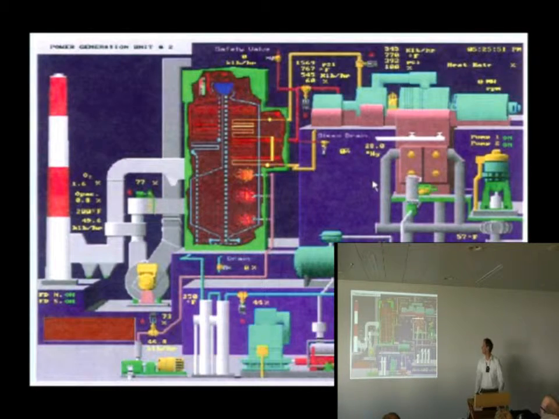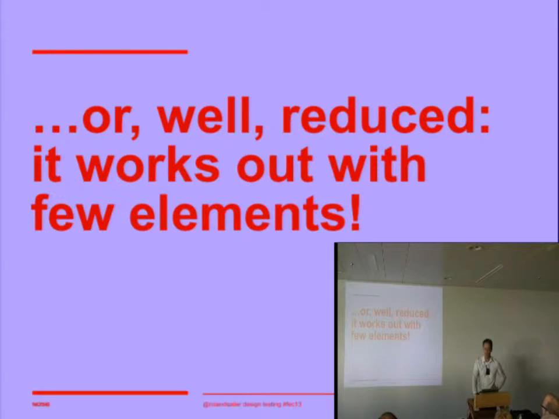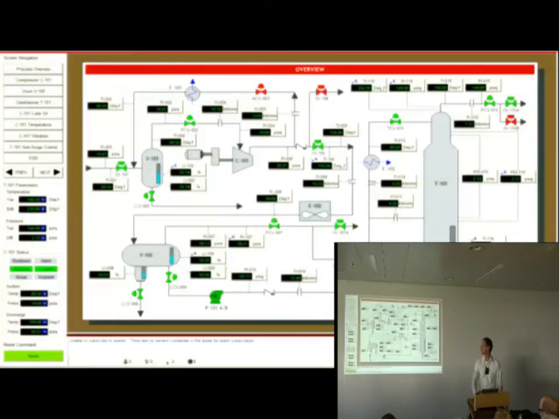This is like a power plant. A person in charge found out, after extensive tests of some sort, that this is not a good design, and they decided to reduce the elements they use and the colors. So they came up with iteration 2.